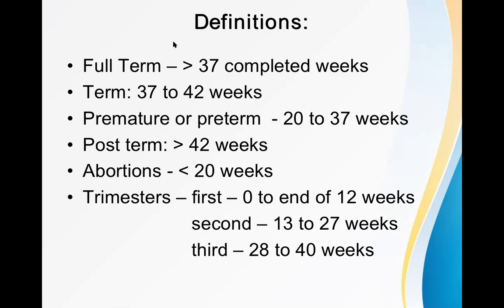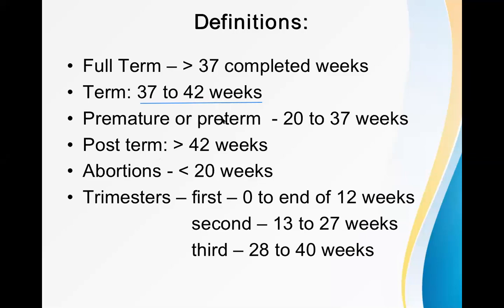See here. Okay, see this, 37 to 42 weeks is considered a term pregnancy. So less than 37 weeks is called premature or preterm pregnancy. Full term, or term, is more than 37 up to 42, and if the pregnancy crosses more than 42 weeks, then it is called post-term pregnancy.